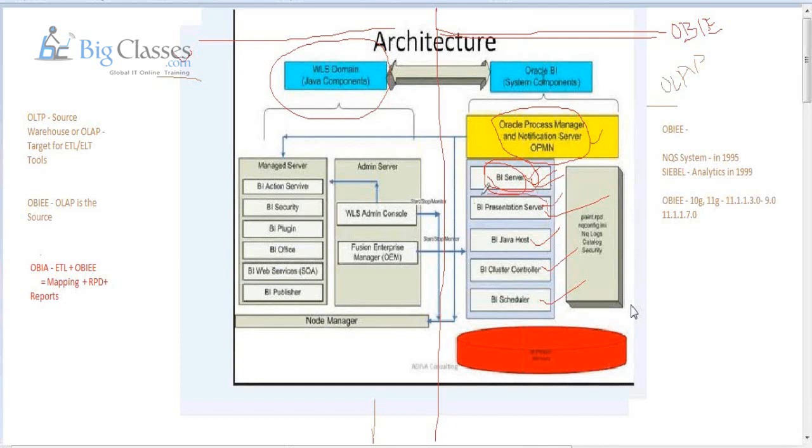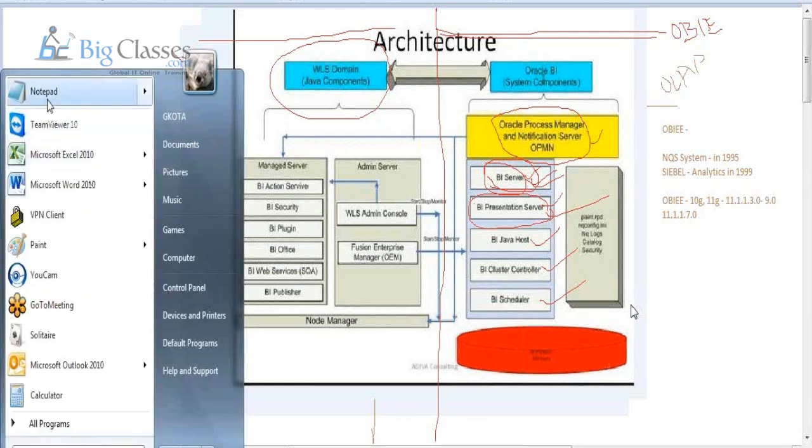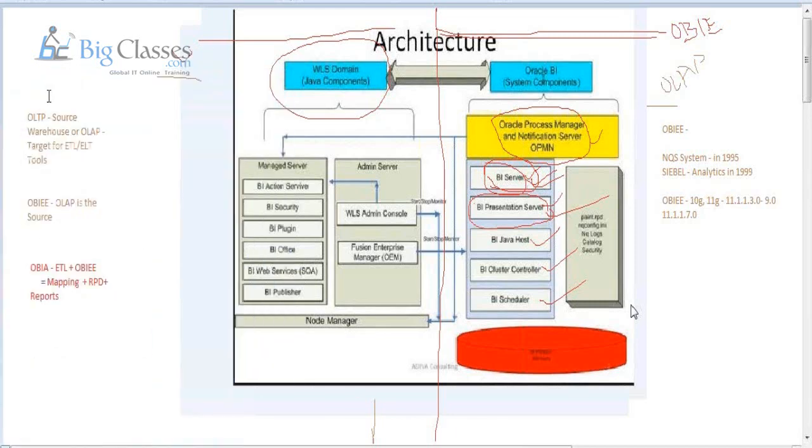Like the presentation server, basically this presentation server is used for presenting the information to users. So this is the front end of the OBIEE application. If you install OBIEE, then you will get 3 web-based URLs. The first one is analytics.